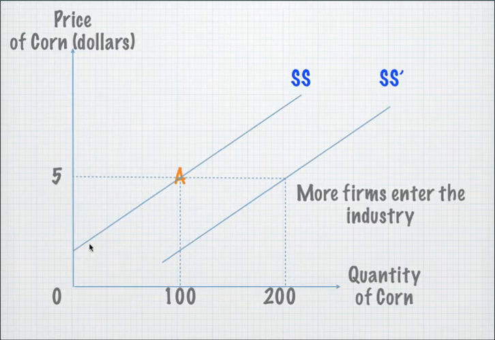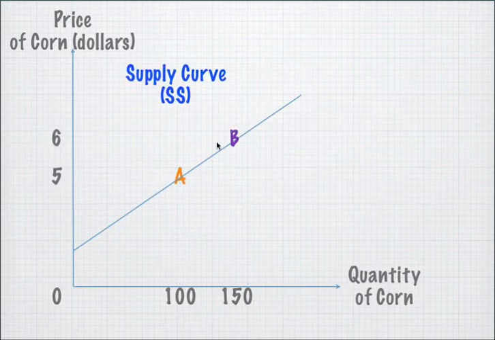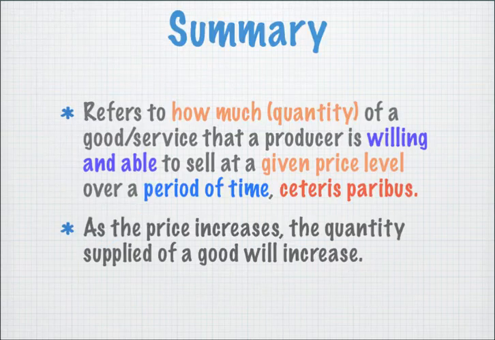As you can see here, as I've mentioned previously, all these things on the previous slide are about shifts in the supply curve, as opposed to movement along the supply curve, as we have seen on the previous slide. So in summary, supply refers to the quantity of a good or service that a producer is willing and able to sell at a given price level over a period of time.